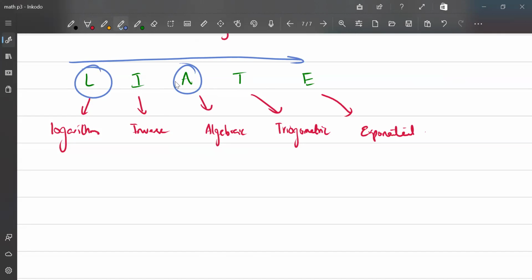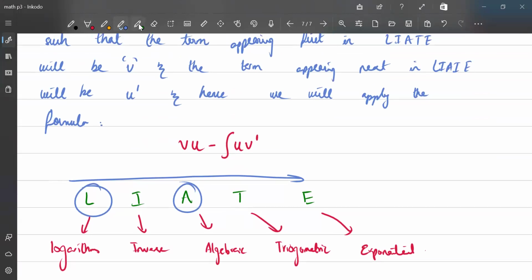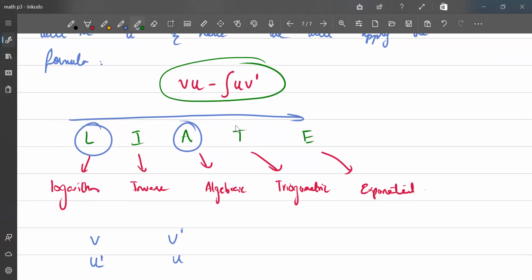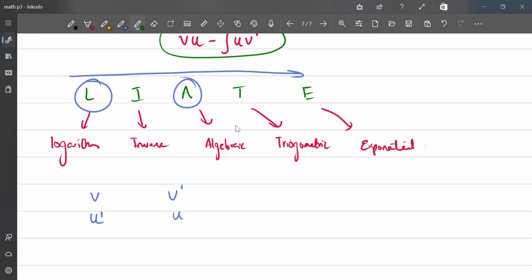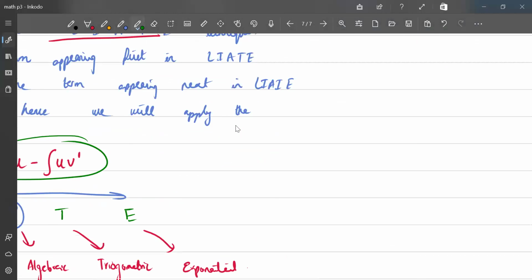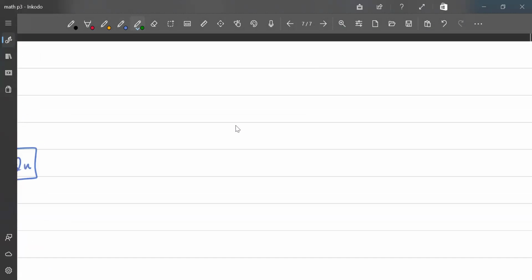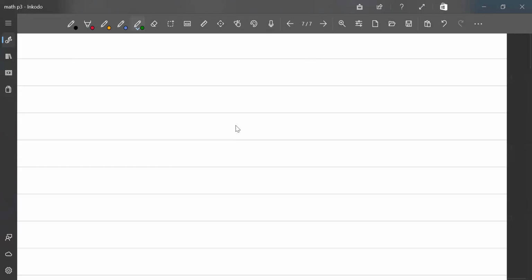Once we have identified V, U dash, and eventually V dash and U, then we can apply this formula. I know this doesn't make much sense at this stage. When we start doing example questions, you will understand what I'm talking about. It's okay if it doesn't make sense right now. Let's try our first example question. I'm sure it will get clearer as we move on.